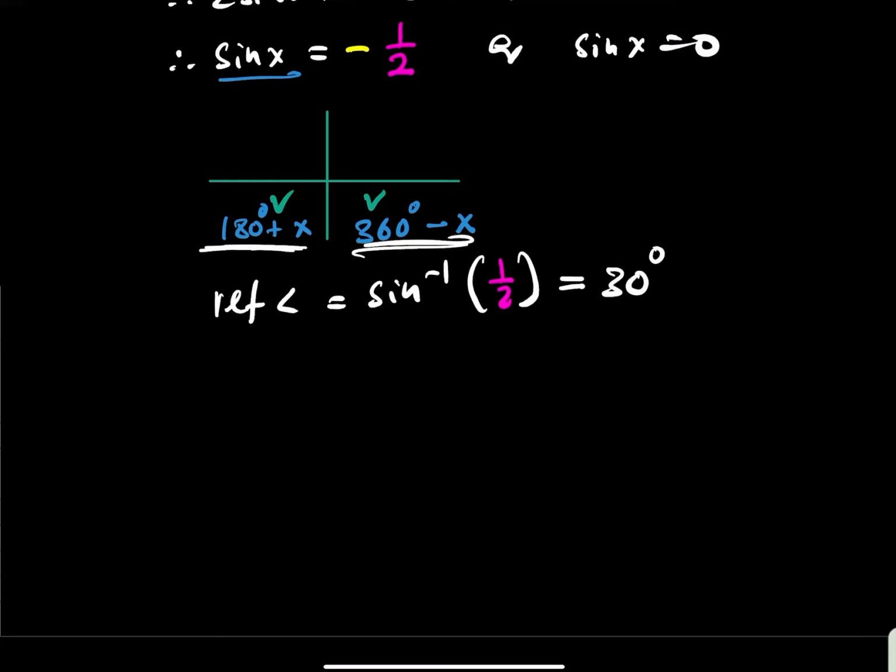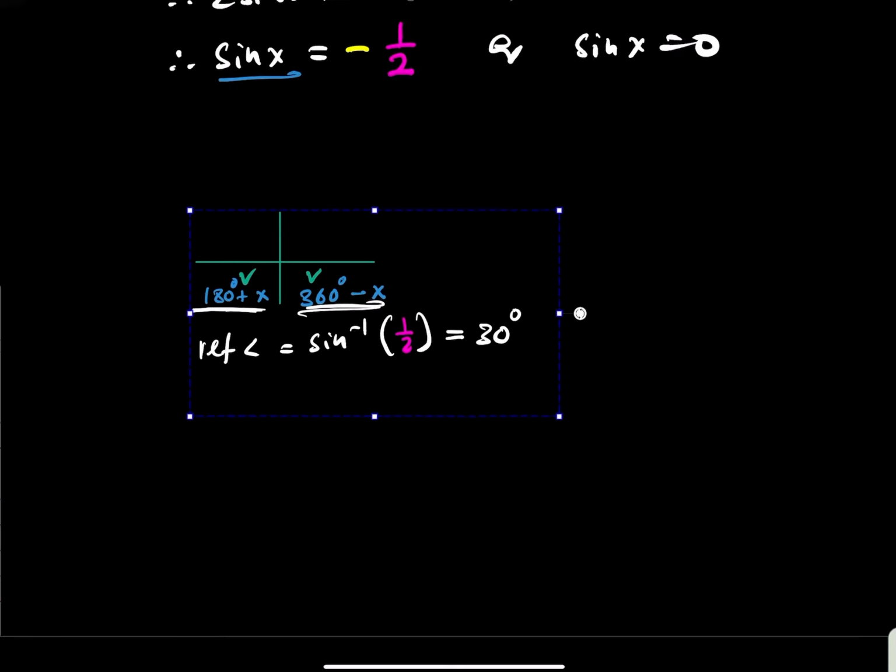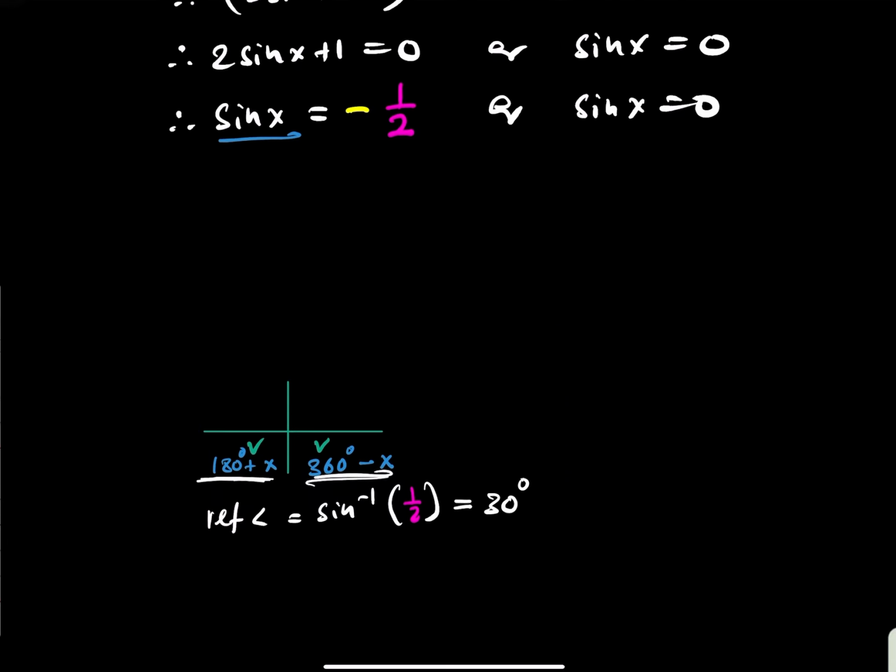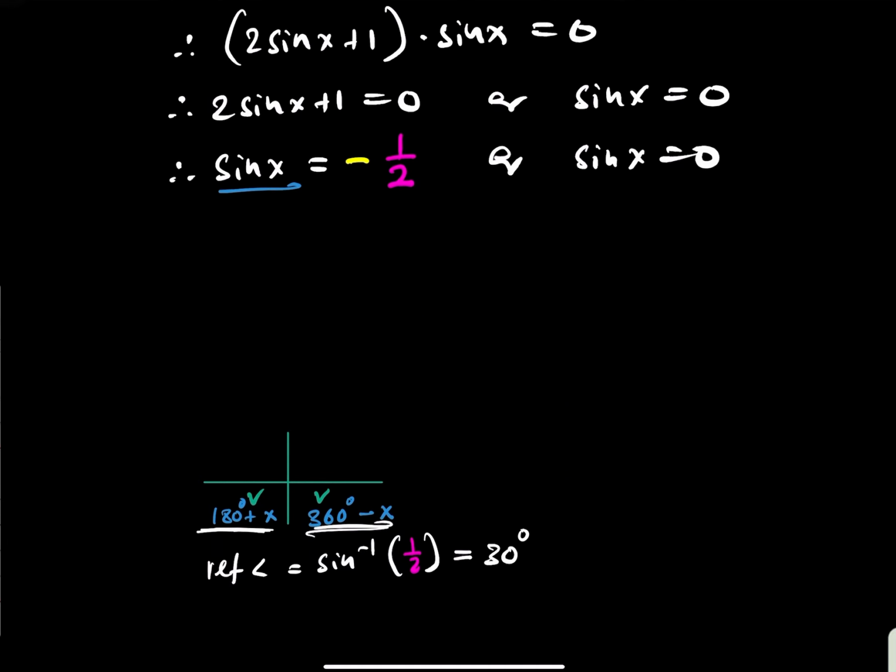So you are now going to say to yourself, let me just do this. Now x is going to be equal to 180 plus, in the third quadrant, so it's 180 degrees plus the reference angle, which is 30 degrees. Please, guys, be careful there.